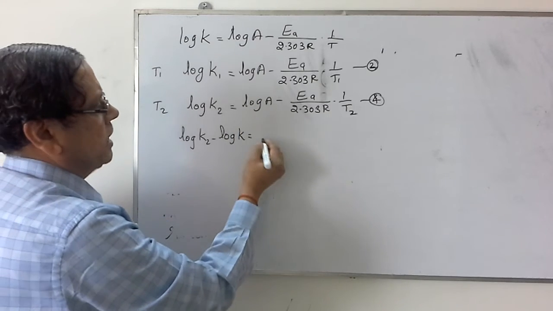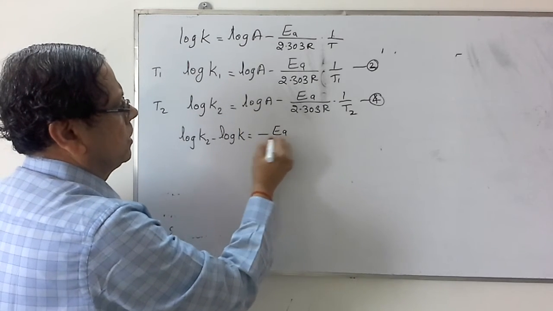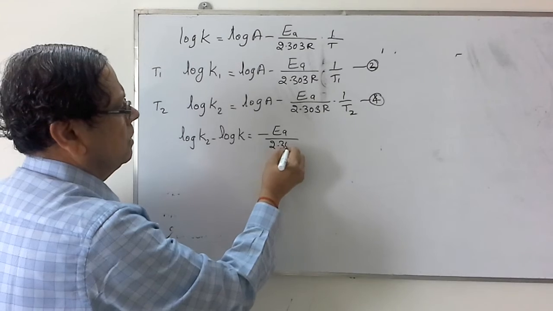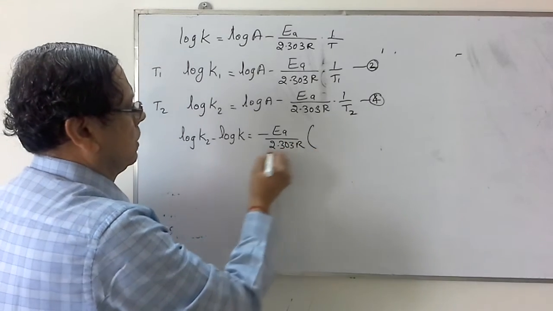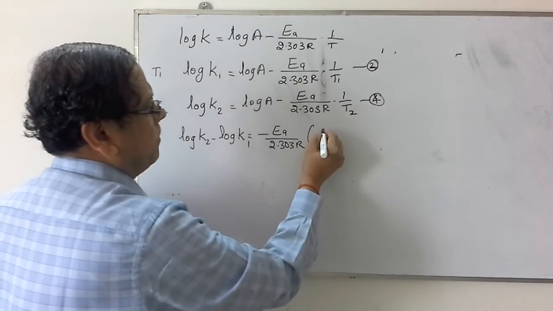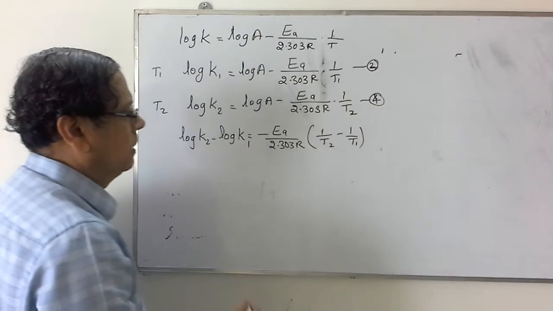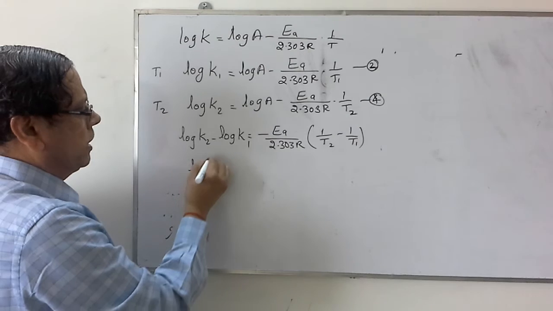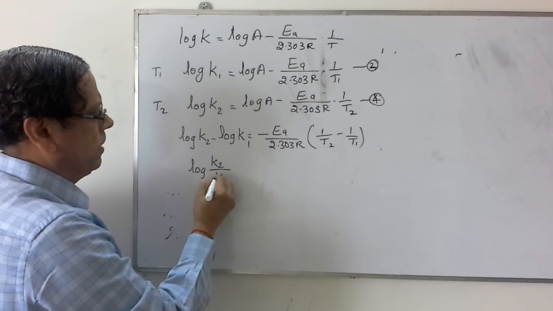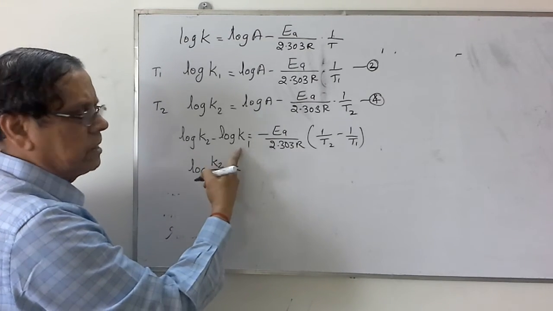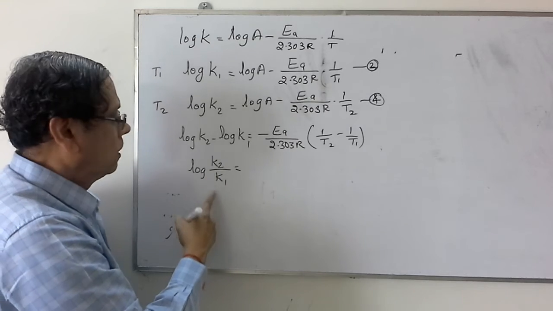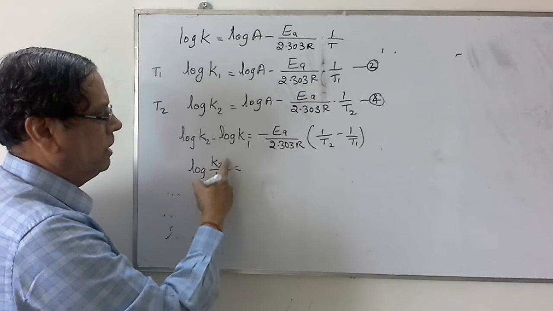Log A gets cancelled, minus Ea by 2.303 R into 1 by T2 minus 1 by T1, or log k2 divided by k1. Here the rule log A minus log B is equal to log A by B we are using.